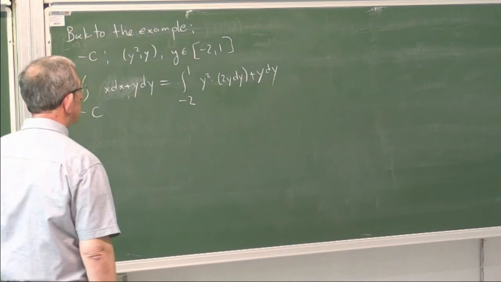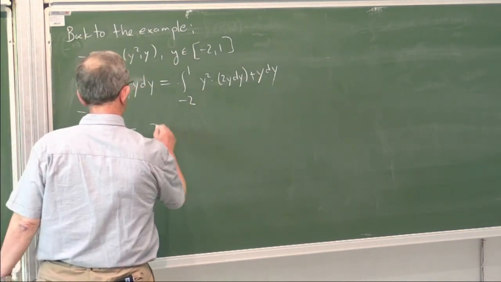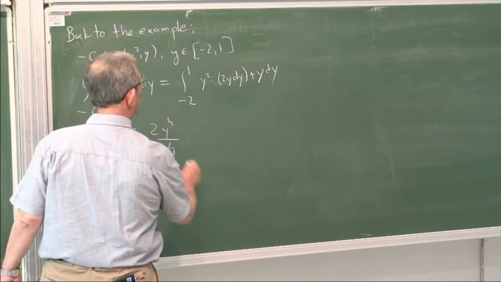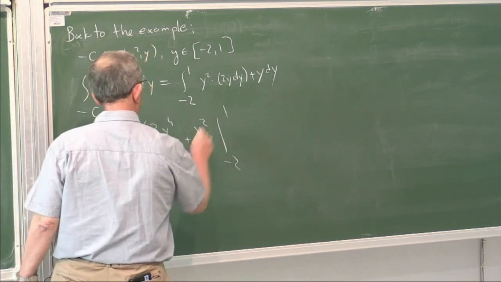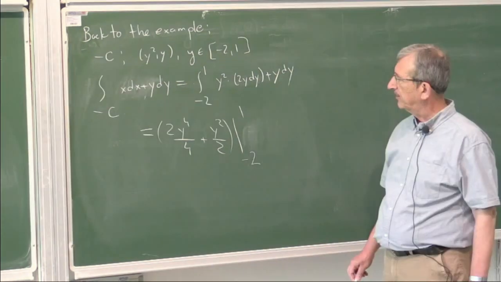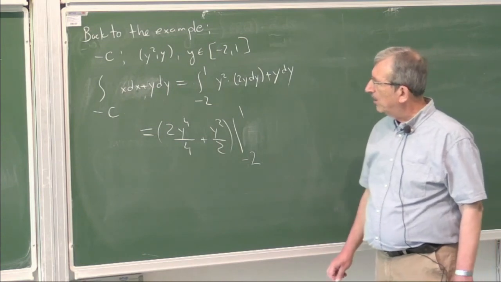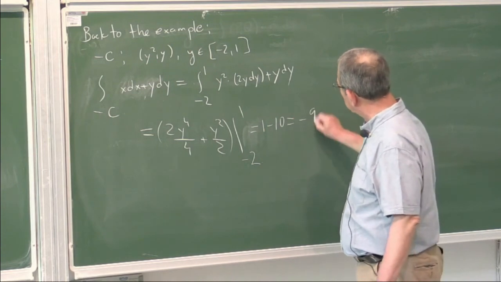So we can calculate that. That would be 2y to the 4th over 4 plus y squared over 2, from -2 to 1. And the calculation shows that it gives, of course, 1 minus 10, so that's minus 9.